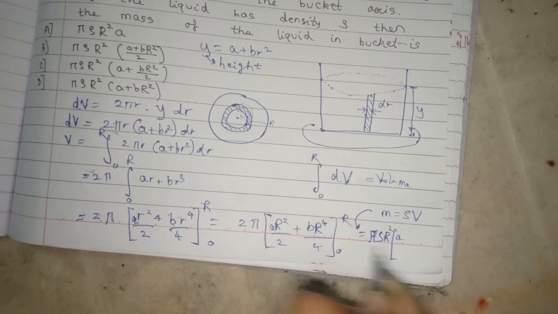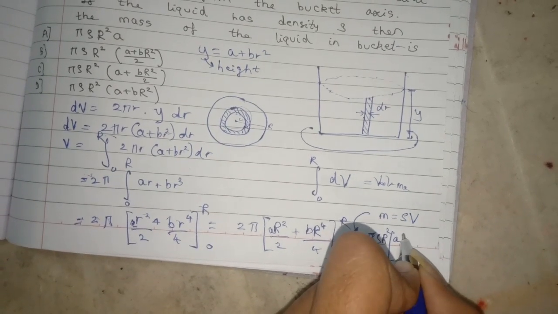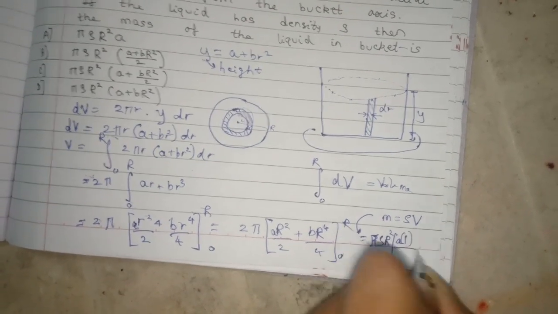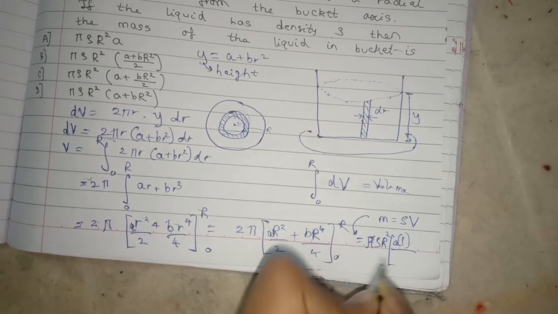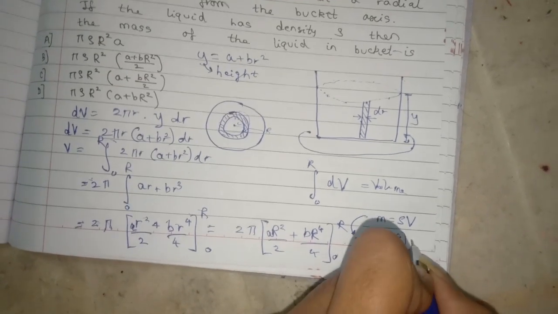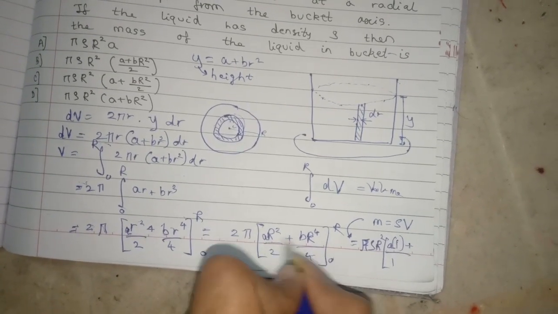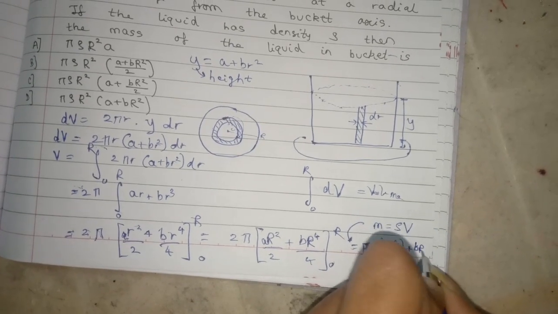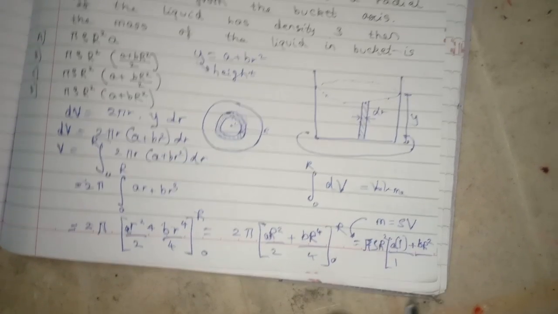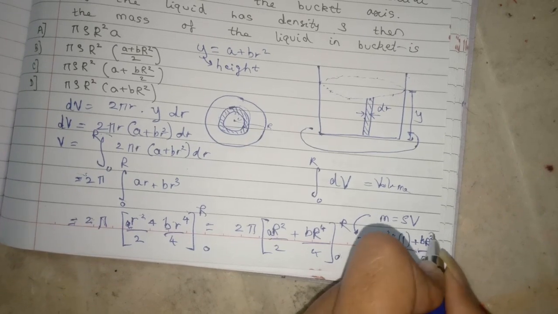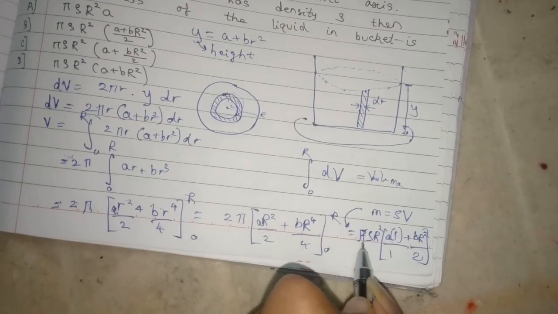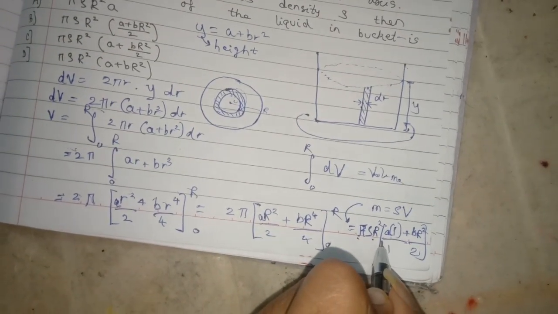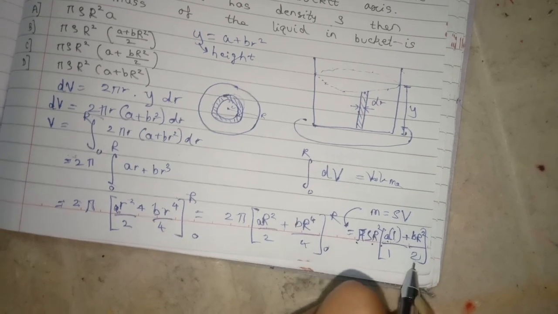So R square is taken common, the 2 cancels with the 2, so I get a plus b R square by 2. So I get the answer as pi rho R square into a plus b R square by 2.